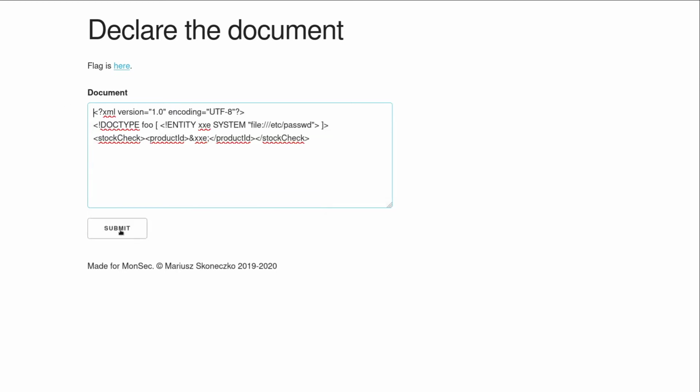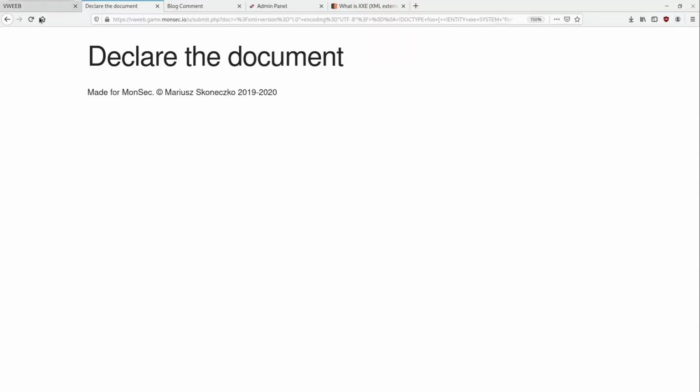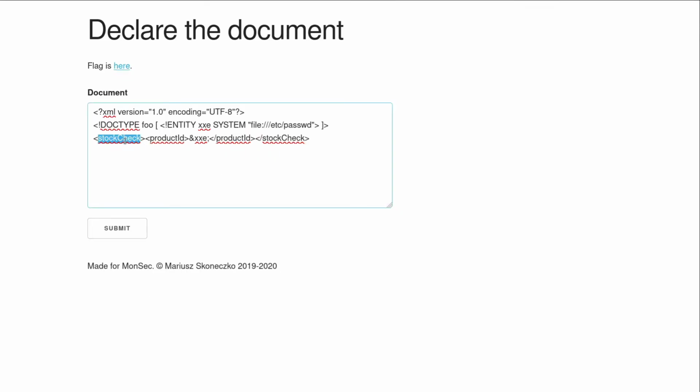So if we just get rid of this, then we just get nothing, all right? And if we change this to document and this to body, and this to document to make sure it's correctly formatted. Spacing doesn't matter, XML doesn't really care. And then we click submit.